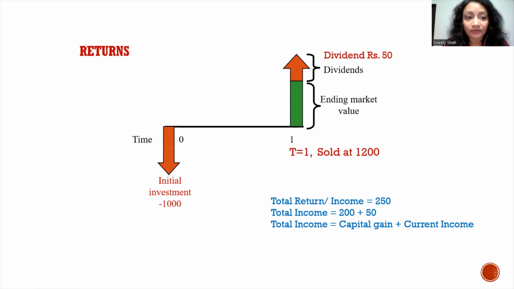So what is your total return in absolute value? It would be 50 rupees, your current return, plus the change in the value of your investment, which would be 1200 minus 1000, that is 200. So your total return or the income out of this investment after a 1 year holding period would be 250.